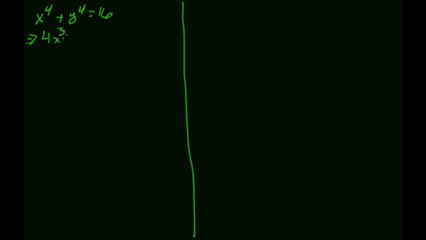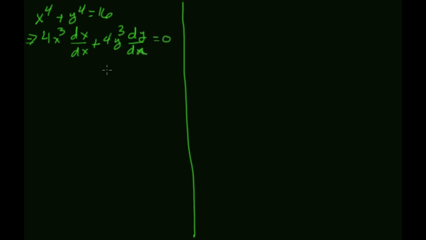Okay, so let's say we have x to the fourth plus y to the fourth is equal to 16. I'm going to need a lot of space for this. Okay, so I want to find the second derivative of y with respect to x. So the first thing I do is exactly what I just did before. I take the implicit derivative, 4x cubed dx/dx plus 4y cubed dy/dx is equal to 0.